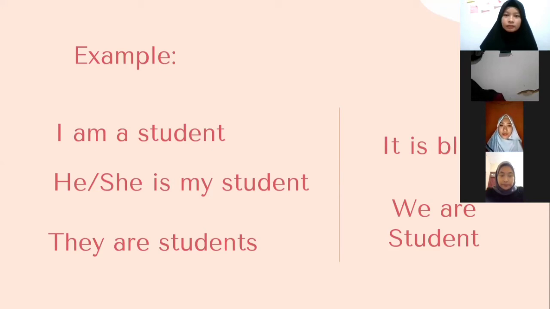Oke, bukan simple present tense gitu ya. Jadi verbnya itu ditambah ing, jadi verb ing. Jadi boleh menggunakan be dan verb ing dalam satu kalimat. Oke, contohnya I am studying. Itu kan ada be, am, dan juga ada verb ing, studying. Seperti itu. Clear, Rosa? Yes, Miss. Thank you.